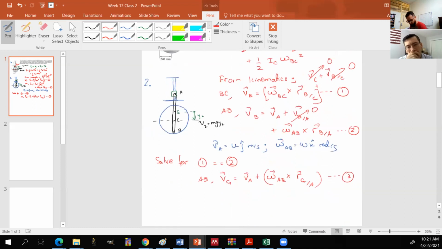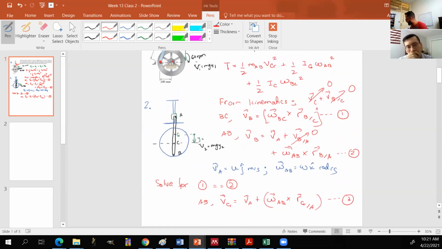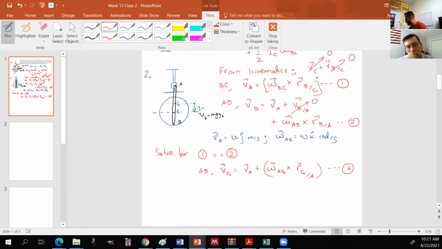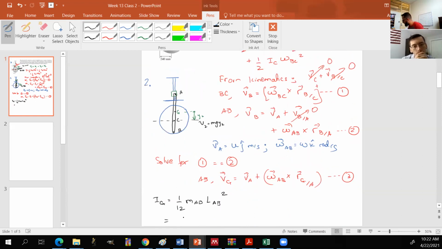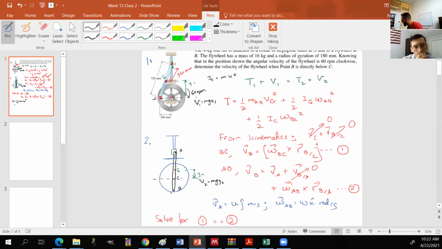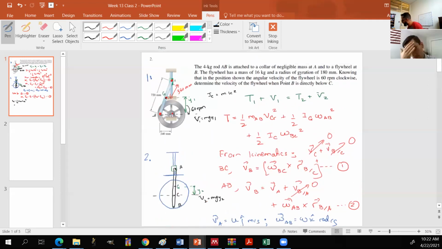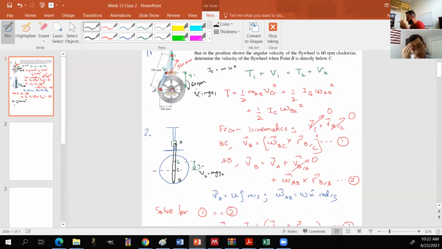All right. So to find out the stuff that we can just get out of the way, IG is just equal to 1/12 times MAB times LAB squared, right? And I plug it in. I know my mass of AB is equal to 4 kilograms, and I know the length is equal to 720 millimeters. Convert that into meters, please.